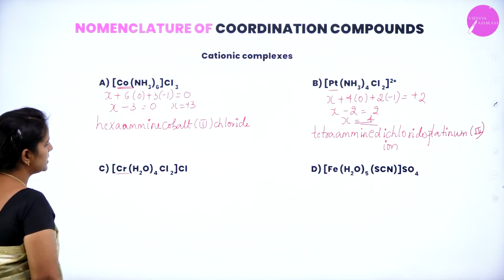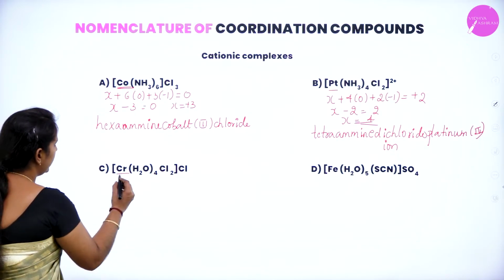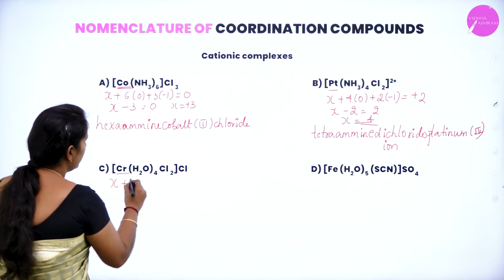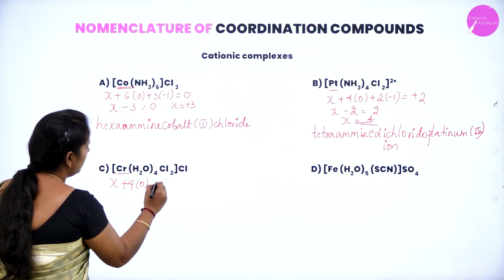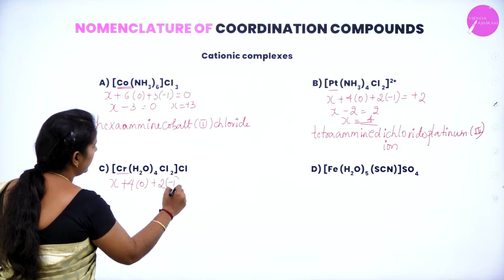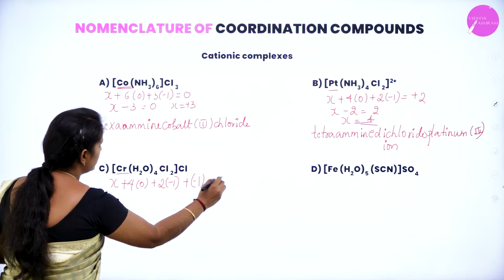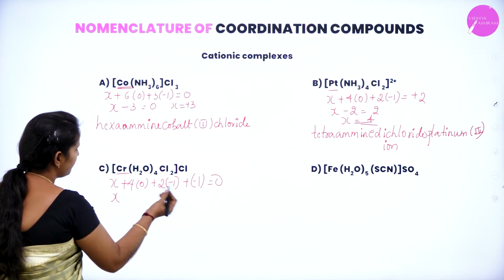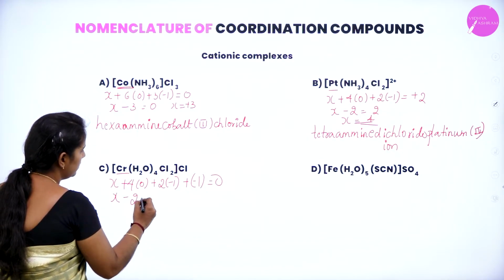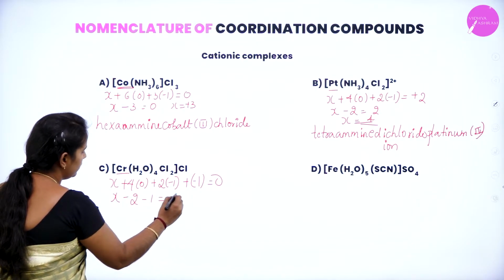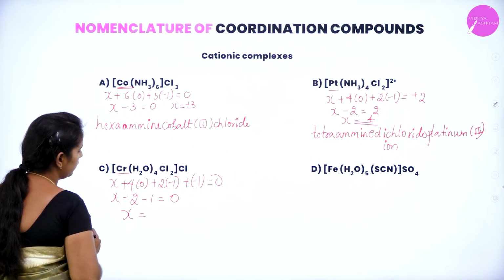Okay. We'll discuss another example. Chromium is the central metal atom. So it will be x plus 4 into 0 plus 2 into minus 1 plus minus 1, which is equal to 0. So x minus 2 minus 1 is equal to 0, and x is equal to 3.